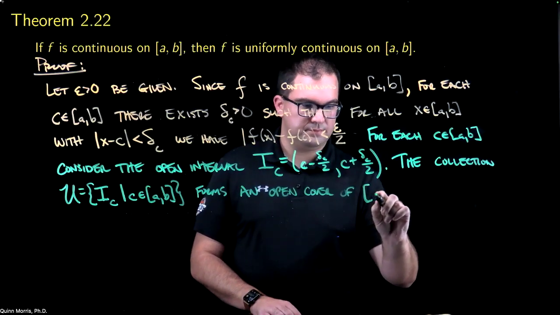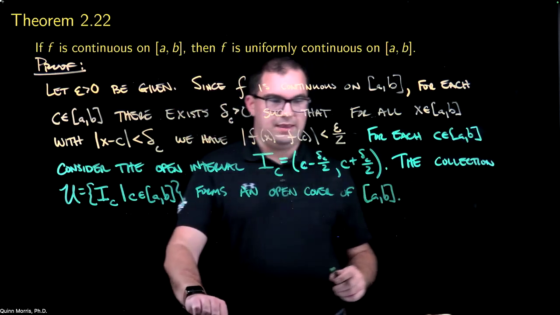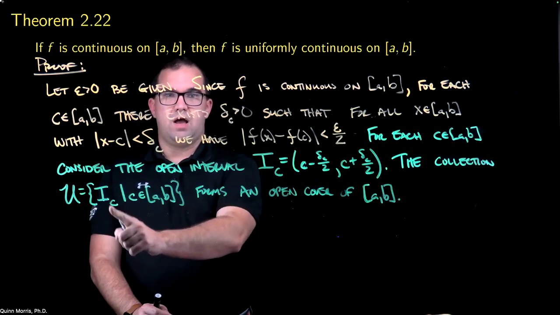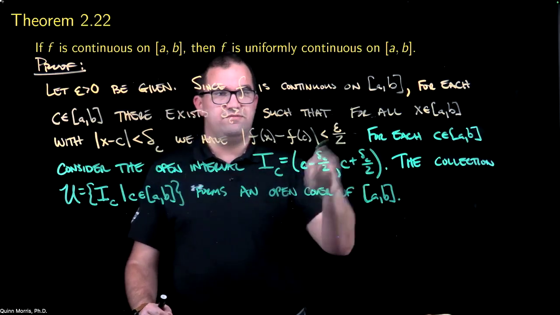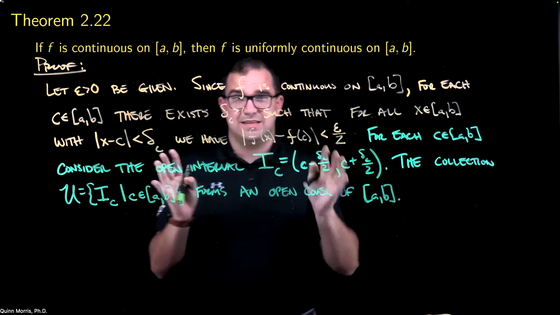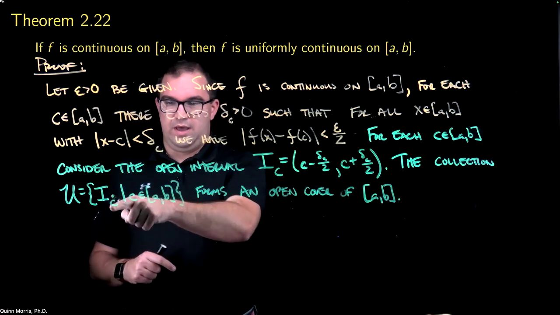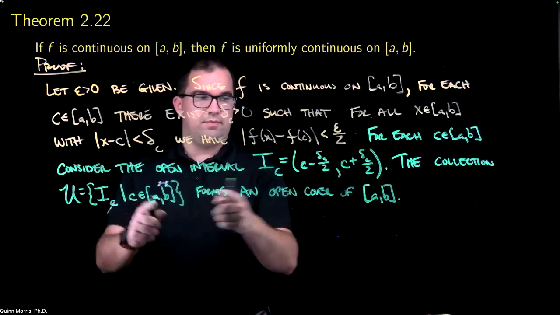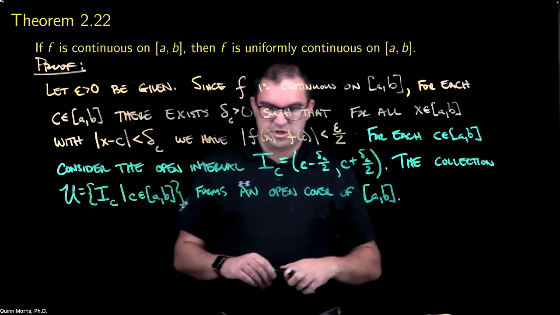Now, why is this an open cover of AB, right? Every point C lies in I sub C. If you take any particular point, it's the center of one of these intervals. So it lies in one of these intervals. It may lie in many of them, but it lies in at least one of them. So every point in AB is in at least one of these intervals. So it's a cover of this. It's an open cover because each of these I sub C's is an open interval, right? Okay. So this forms an open cover.